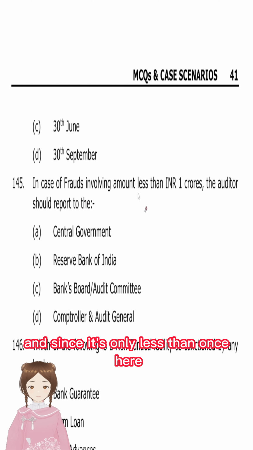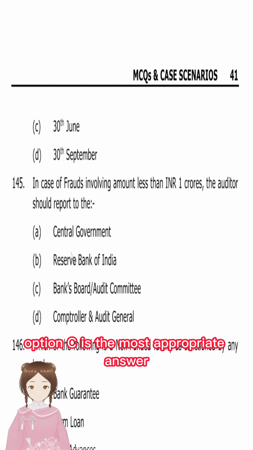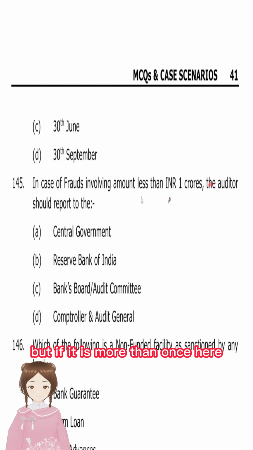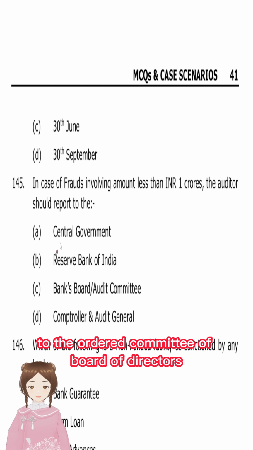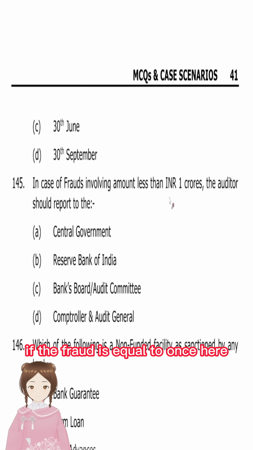Since it's only less than 1 year here, they have to report it to the board or audit committee. Even if the auditor informs the audit committee or board of directors in a case of 1 year or more, the correct answer is the central government. For this one, it's less than 1 year, so option C, board or audit committee, is the most appropriate answer.